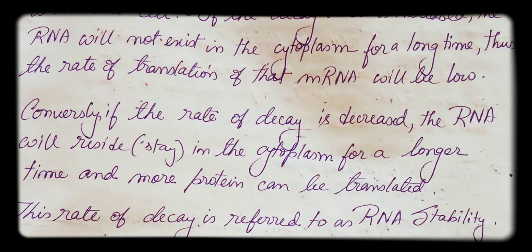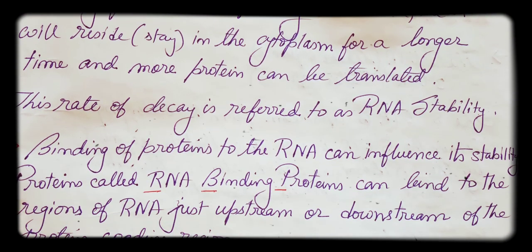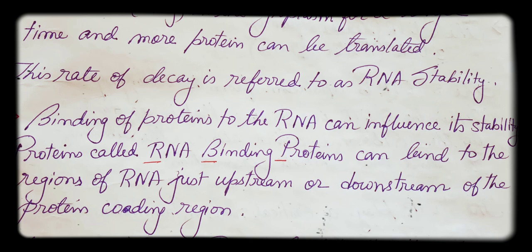This rate of decay of RNA, whether mRNA, rRNA or tRNA, is known as RNA stability. So RNA stability means the lifespan of that RNA molecule, how much time it will reside in the cytoplasm before it gets degraded.